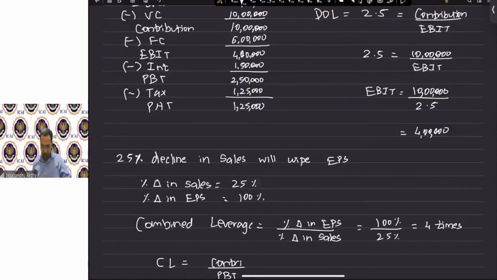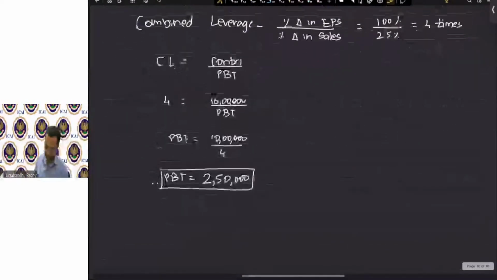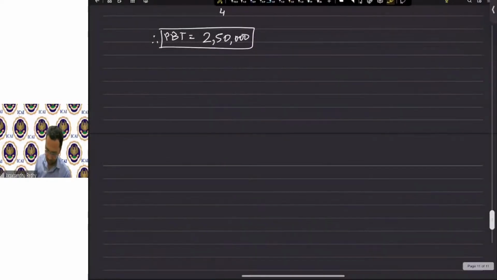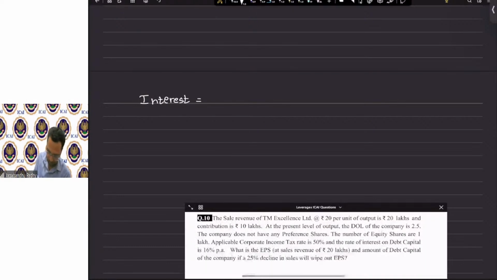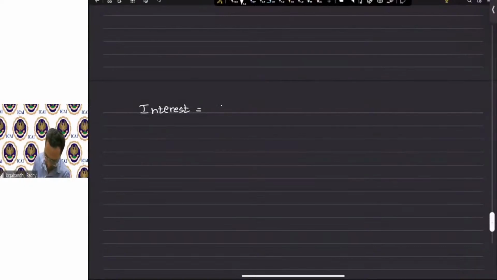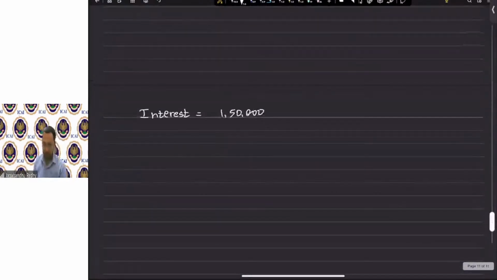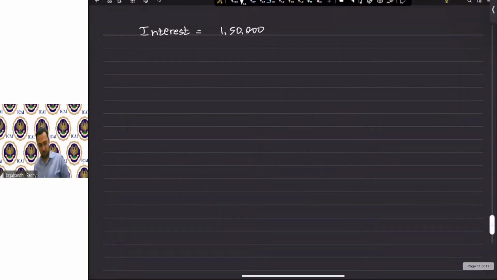Right, so we completed this income statement. Rate of interest on debt capital is stated as 16%. Interest is 1 lakh 50,000.